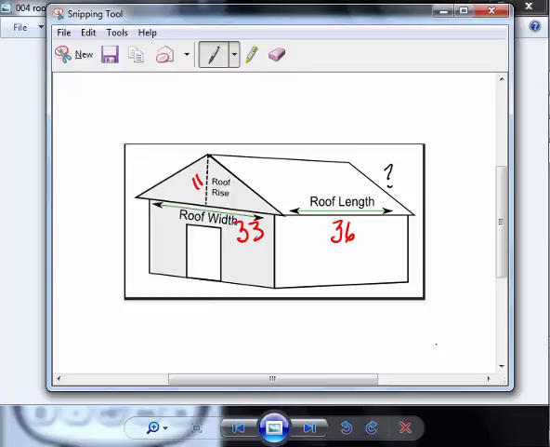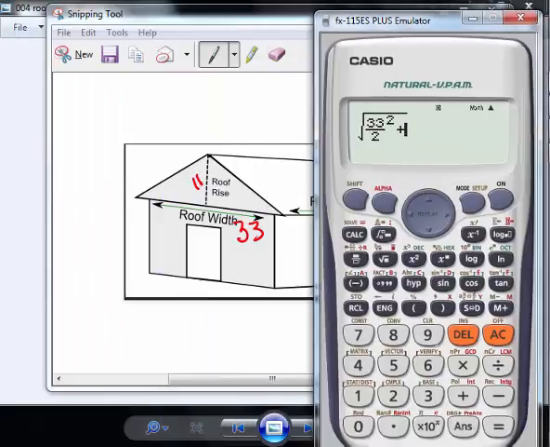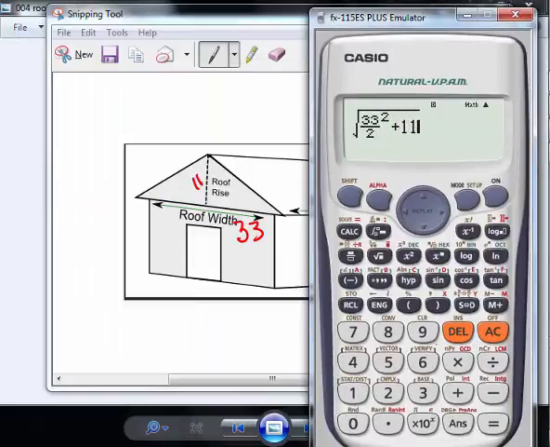Since it's 33 all the way across, it'll be the square root of 33 over 2 squared plus the height, 11, squared.